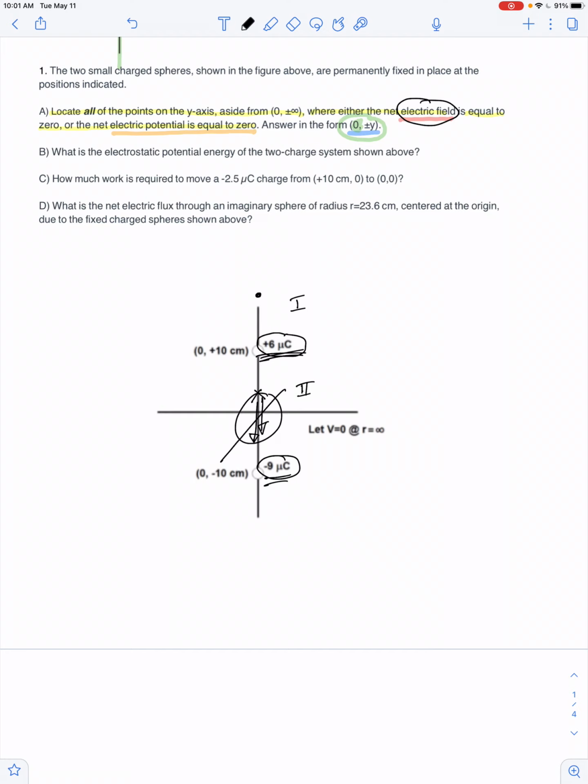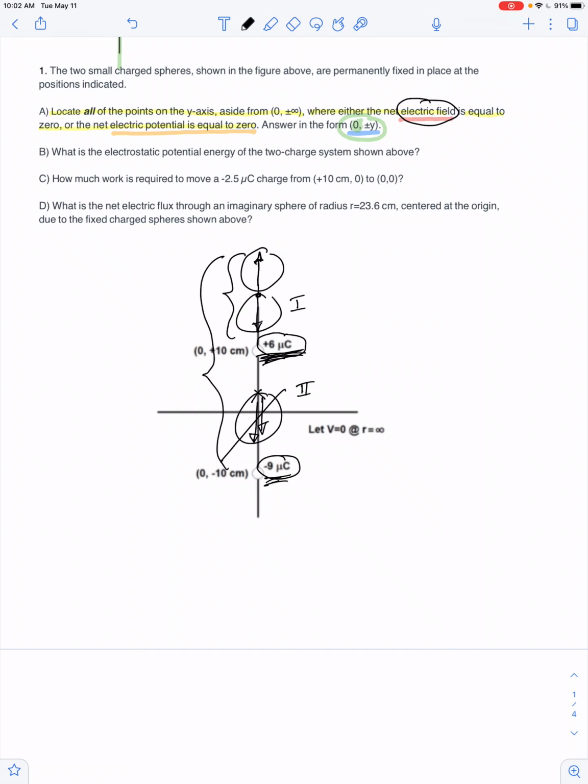Now the electric field from the positive charge is going to point up. The electric field from the negative charge is going to point down. Is it possible those two electric field vectors could be equal in value? Yeah, it is, because the vector that points up is closer to the weaker charge and farther from the larger value charge.